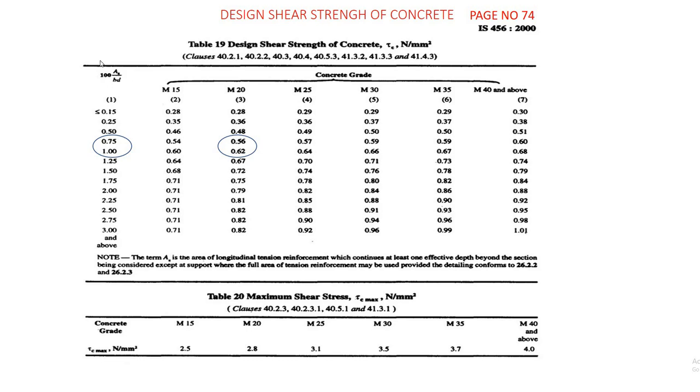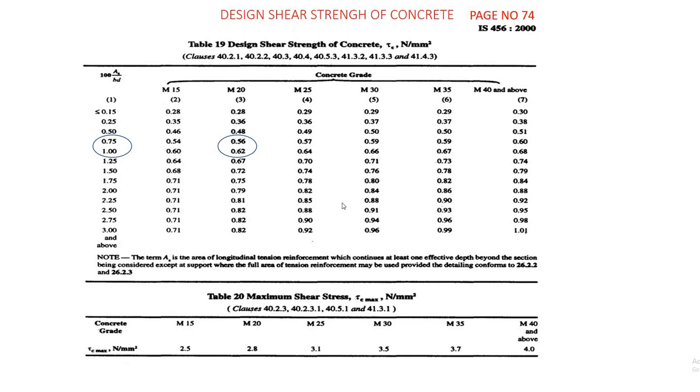So according to the percentage of reinforcement, the concrete provides the shear resistance, right? So this is the percentage of reinforcement, this is the grade of concrete, and you can determine the design shear strength from this table of IS 456, page number 74, and this one is the maximum shear stress, right?